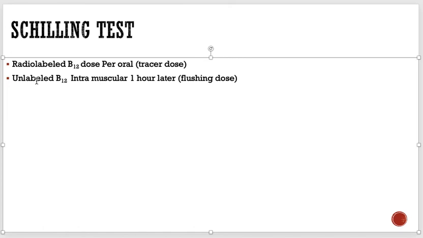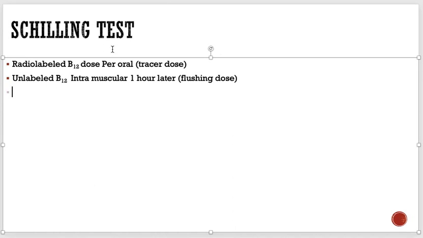We give it so that the intramuscular dose saturates all the tissues in the body, so that the B12 given through the mouth is absorbed into the blood and does not find any place to bind in the body. It is going to be excreted by the kidneys in the form of urine.